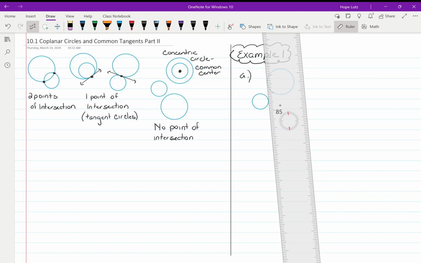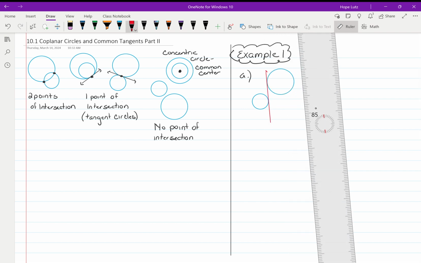If I draw a line where I'm hitting both circles, right through here, notice that it hits 1, 2. Okay? So it's hitting there.